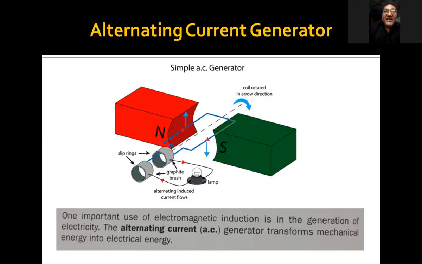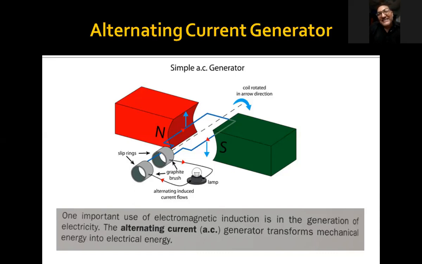In the alternating current generators, we provide the mechanical energy. We rotate the coil with our hands. What happens when that coil rotates inside a magnetic field is that current is induced in it, so the lamp will switch on. So what is happening here is that the generator is converting the mechanical energy into electric energy.